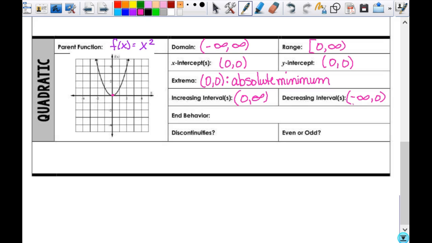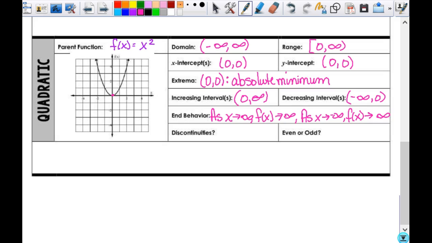All right, in end behavior, we have to have our little statement. As x approaches infinity, f of x approaches what? Infinity? Y'all agree with that? Good, infinity. And then as x approaches negative infinity, f of x approaches positive infinity again.